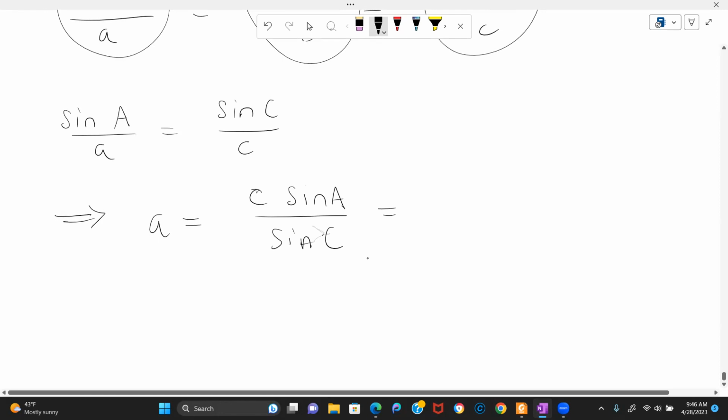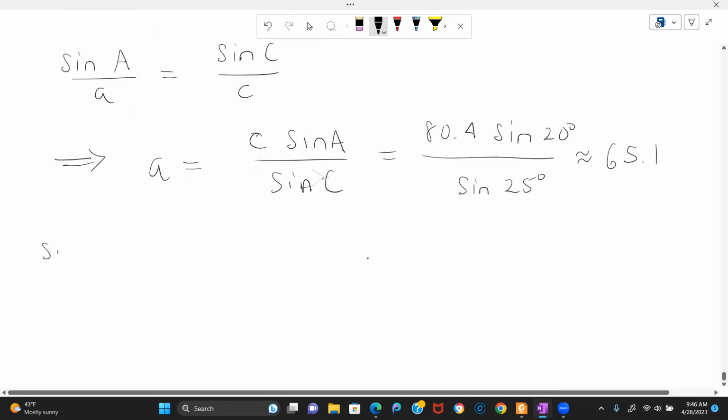So we're told that C is equal to 80.4, and then we have sine of 20 degrees over sine of 25 degrees. The 20-degree and 25-degree angles are not angles whose sines are known, so you plug this into your calculator. This will be approximately 65.1. So A is approximately 65.1.